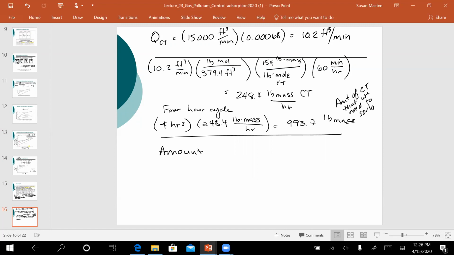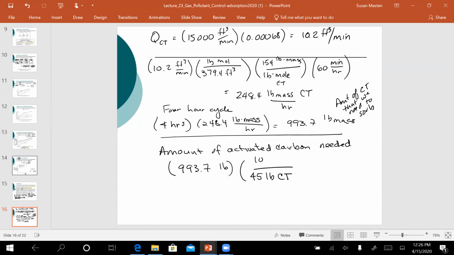The amount of activated carbon needed, okay. This is the carbon tet. We can sorb 45 pounds of carbon tet for every 100 pounds of activated carbon.